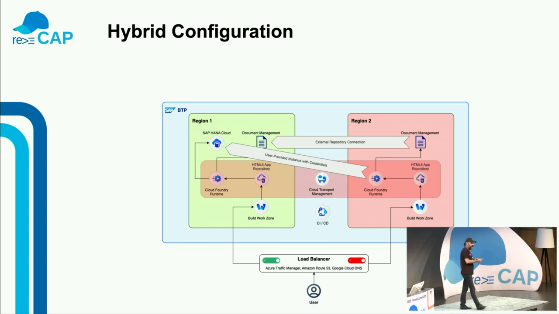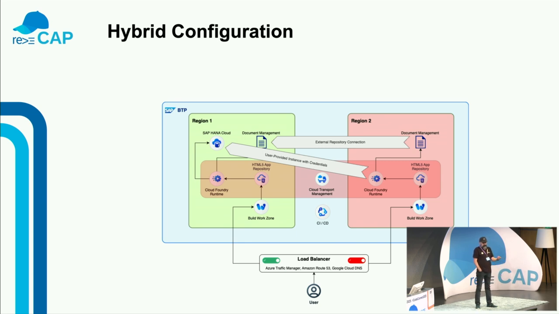Also for the HTML5 application repository. And from my experience, most of the time I have some downtimes in the Workzone, or maybe in the HTML5 application repository. HANA or DMS works much better in terms of availability. So this setup looks much safer to me.